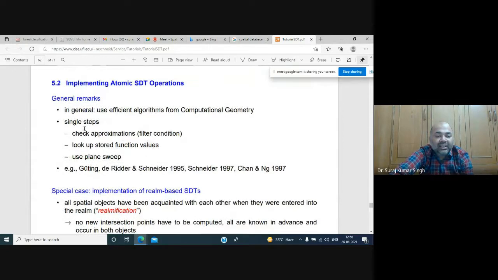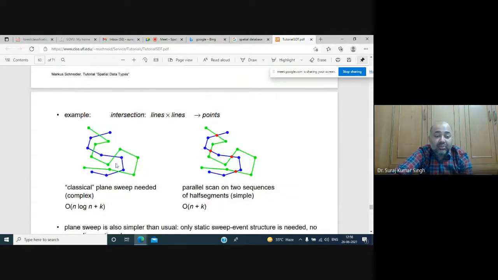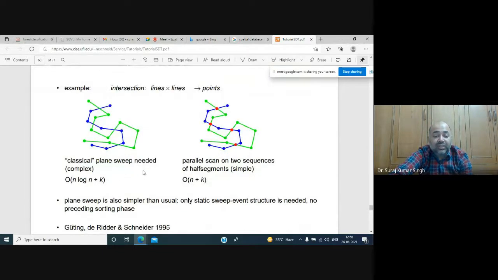And finally, the general idea is use efficient algorithms for computational geometry. This is a single step check approximation, look up stored function values, use plane sweep. So these are the few examples of classical plane sweep needed complex.